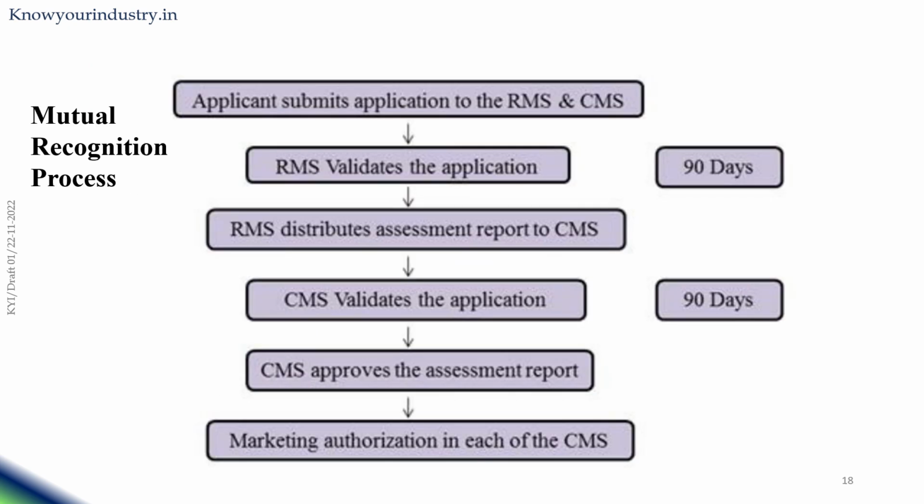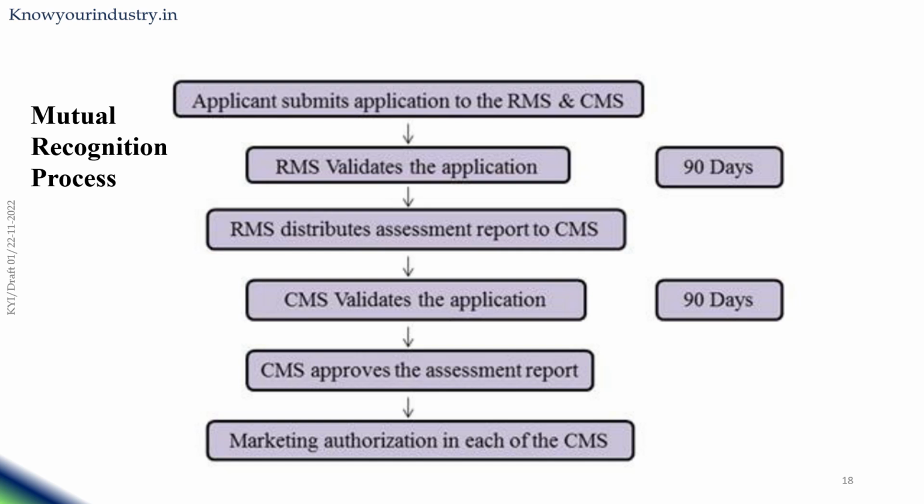This is the flowchart for the mutual recognition process. Let's have a look. The applicant files the application to the reference member state and the concerned member states. Then the reference member state validates the application. It is 90 days. Then the reference member state distributes assessment reports to the concerned member states. Then the concerned member states validate the application.